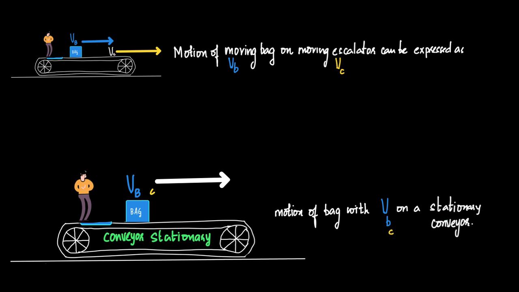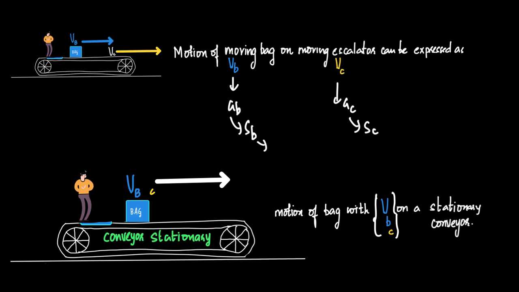Now we have a moving bag and a moving escalator, which is now put as bag with respect to conveyor on a stationary conveyor. Okay, so this is the difference. That's why we say relative velocity makes the calculation easier. Why? Because here you have Vb, therefore we have AB, we have Vc, therefore you have AC, and therefore SB corresponding SC, right?